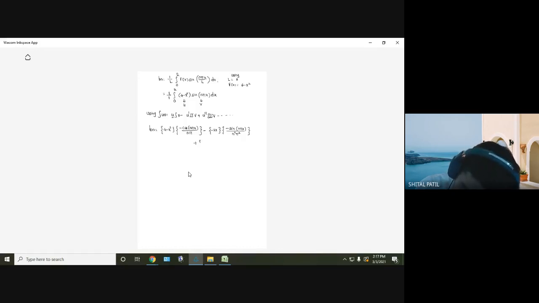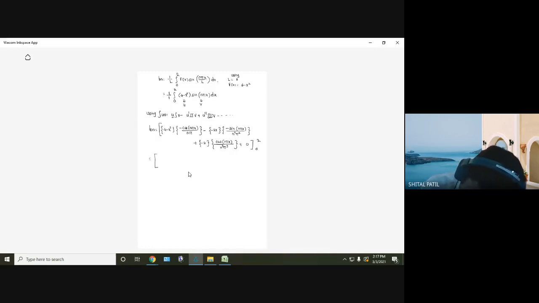Plus derivative of minus 2x, minus 2. Integration of sine is minus cos, minus minus plus divided by n pi. Next derivative is 0, so the next term will become 0, and then limits are there.